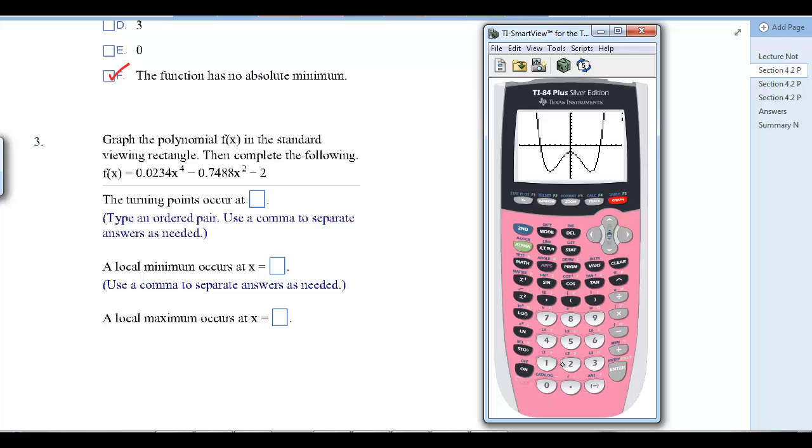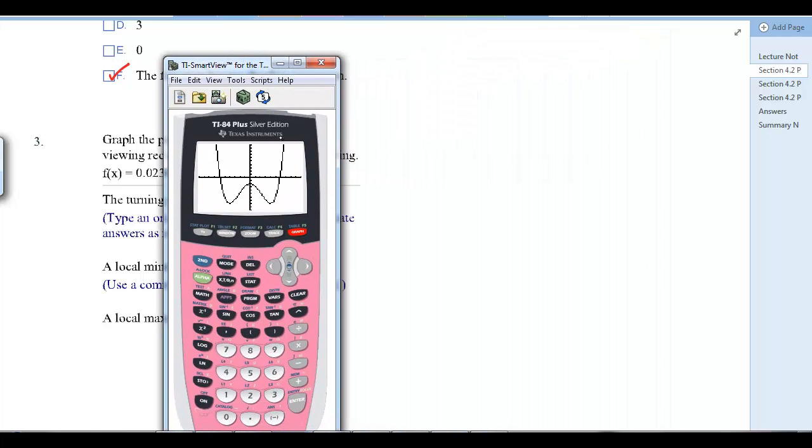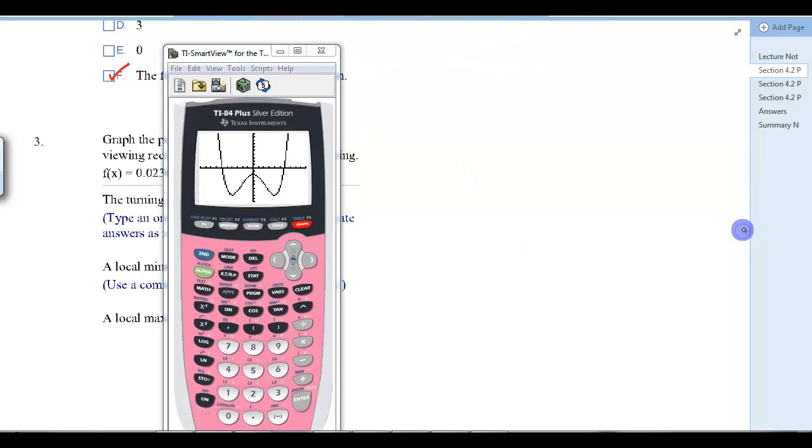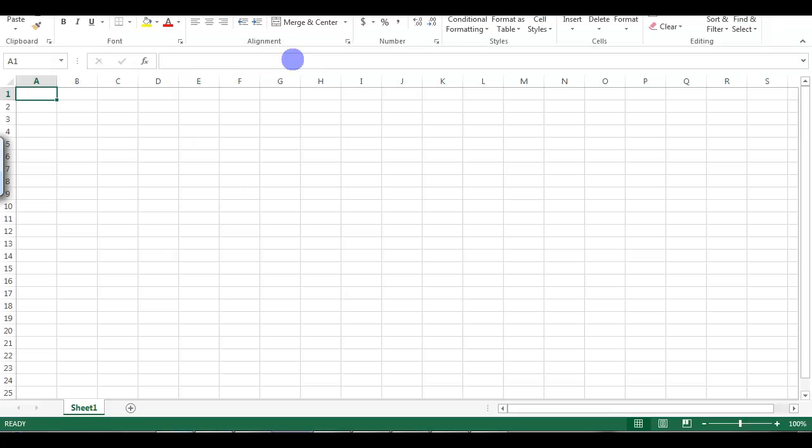All right, and it wants to know the turning points and put them in as ordered pairs. So how many turning points do we have? We have 3.